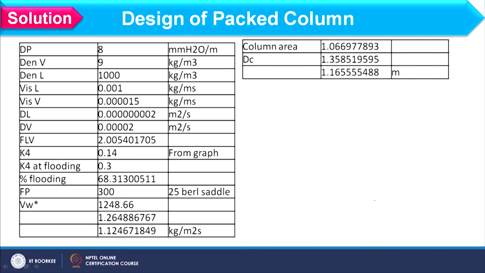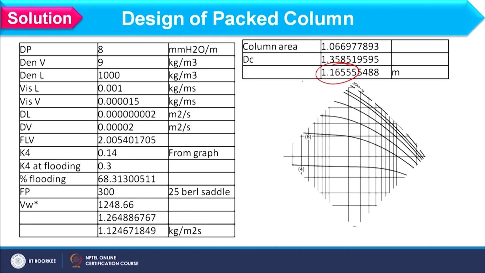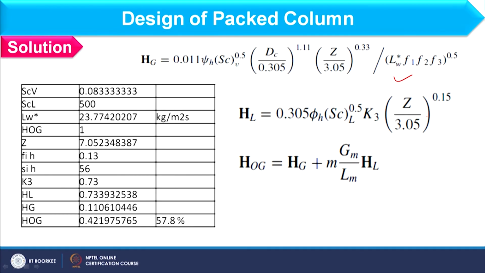and here all calculations are repeated, and we can find the diameter of the column as 1.1655. Okay. And considering the Hg, HL value and HOG value, we can find the HOG value as 0.422, and 1 value we have assumed. Okay.